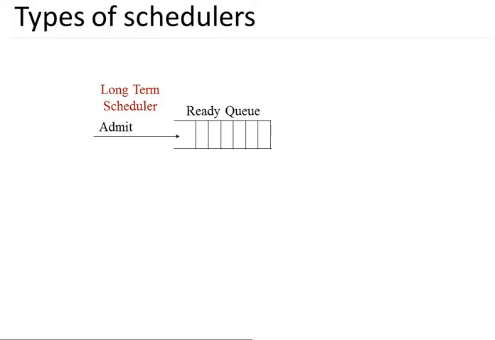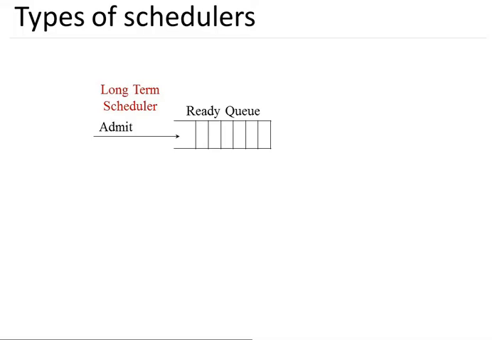So I can say that the long-term scheduler defines the degree of multi-programming in the system. For example, if the long-term scheduler selects 3 processes into the ready queue.